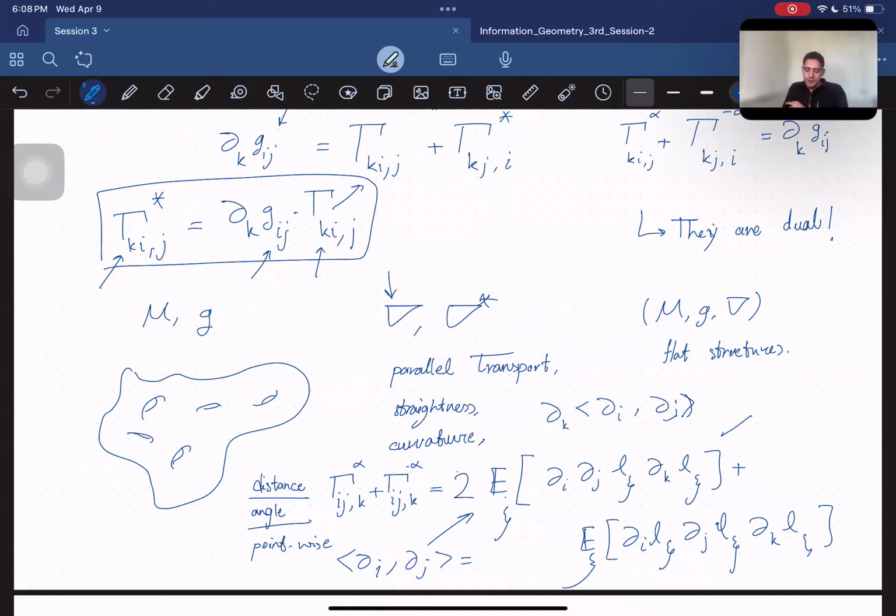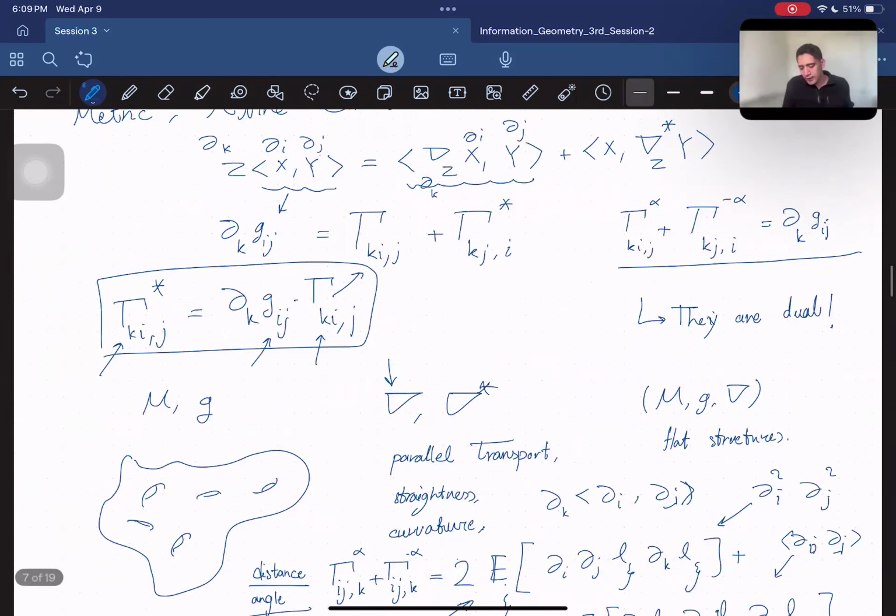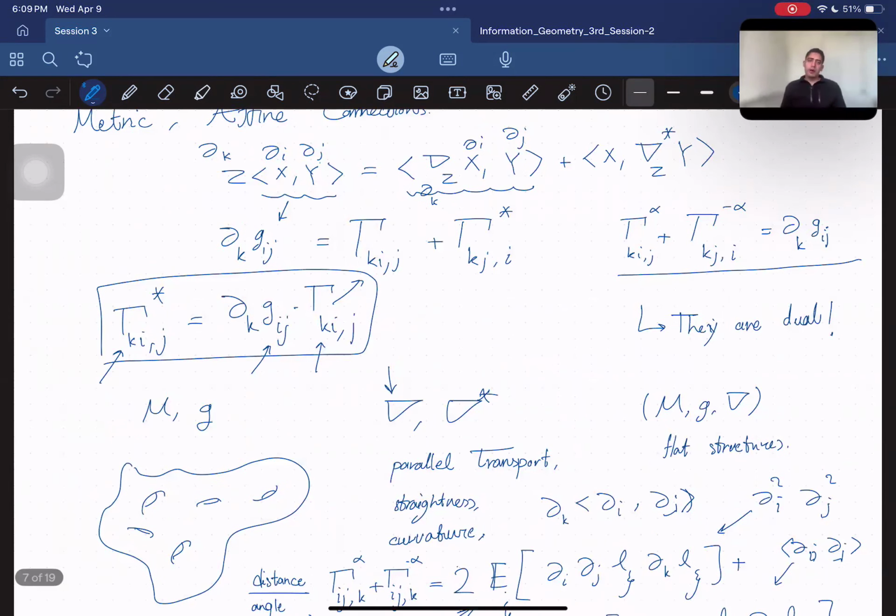So this thing would be this, and this thing is this. I don't want to go into the details. It would be so many indices, but you can verify that the alpha connections are dual with respect to each other.